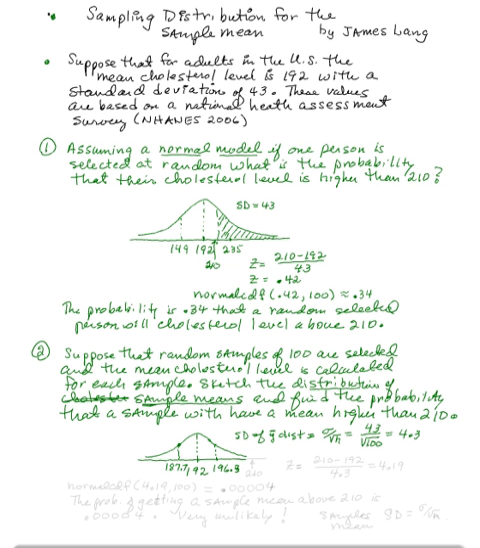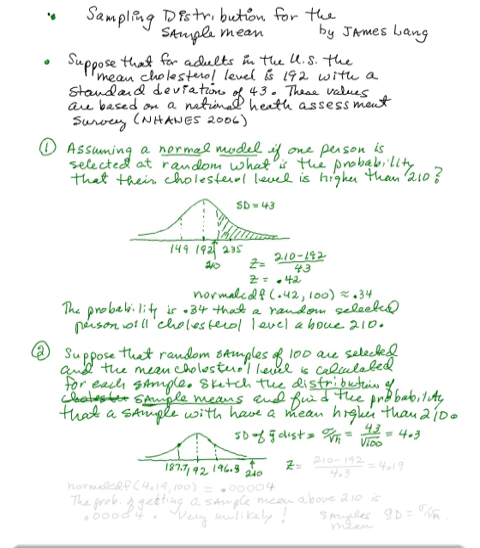So if you look at the scale on this axis, it's much smaller than the scale when we looked at the sketch of individuals above. Now, to find the probability that a sample mean will be higher than 210, we can see that the sample mean of 210 is going to be very far out in the distribution. And we go through the same calculations we went through above.